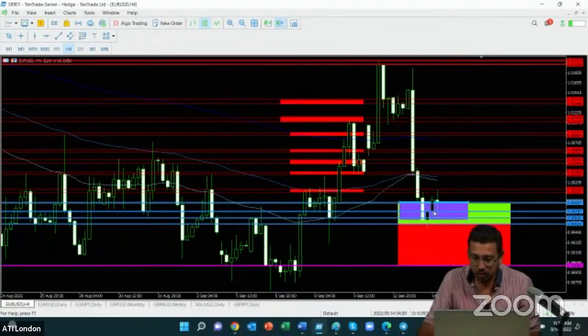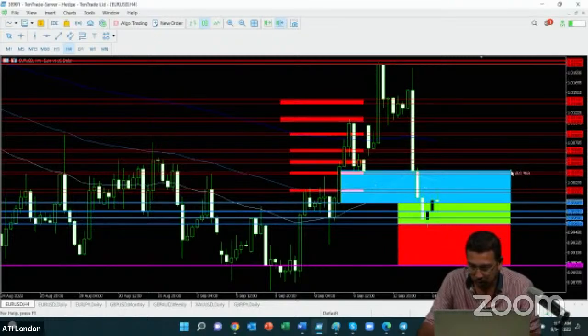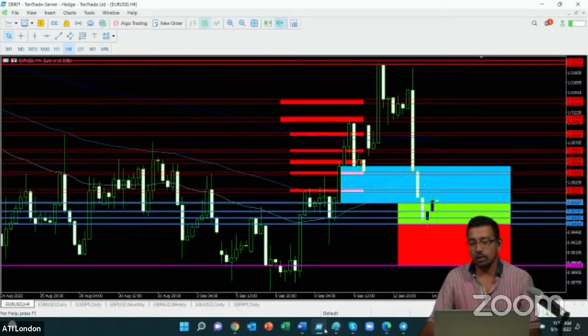All right, so I've got another area right here, and that is highlighted based on this candle here. So take that candle, roughly there. So there you go.